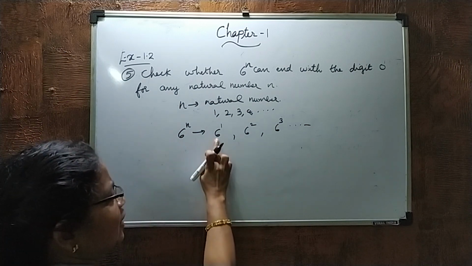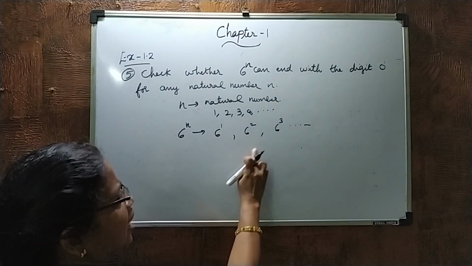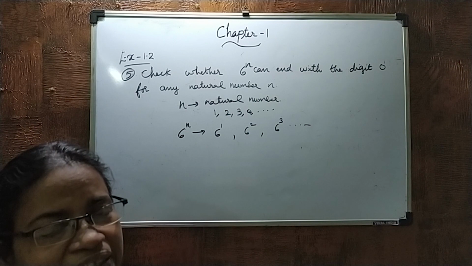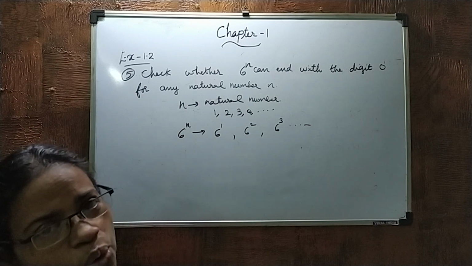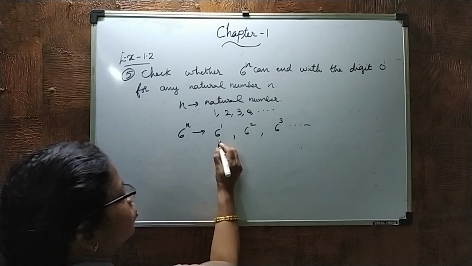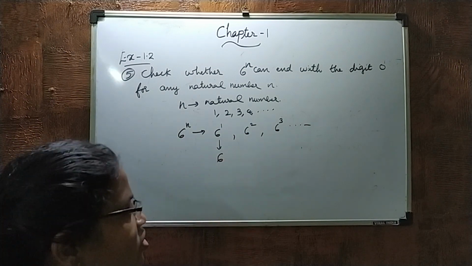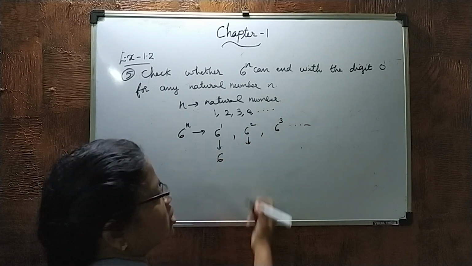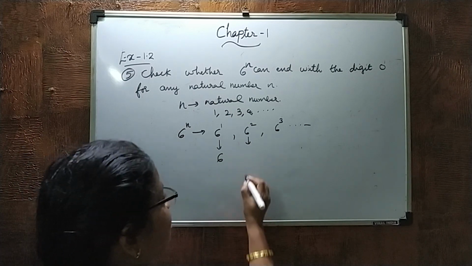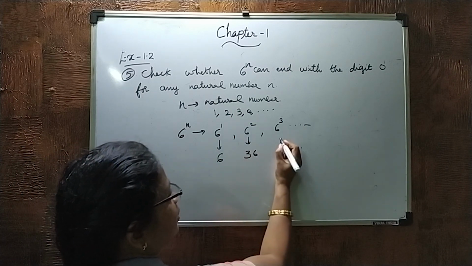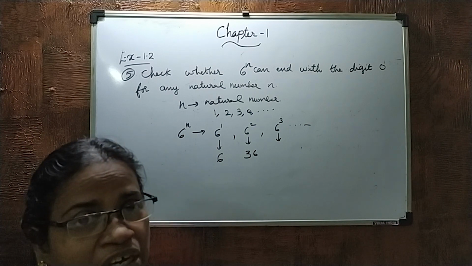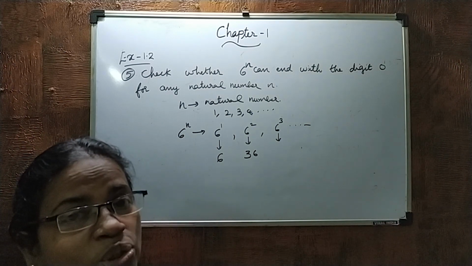Now look, they are asking whether you get the answer with the ending digit 0. So what is 6 raised to 1? 6 only. 6 raised to 2, 6 into 6, is 36. What is 6 raised to 3? It is 6 into 6 into 6.